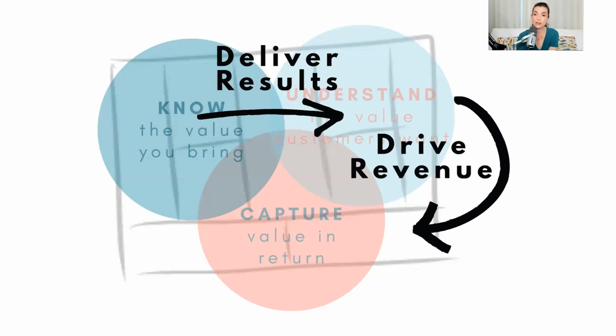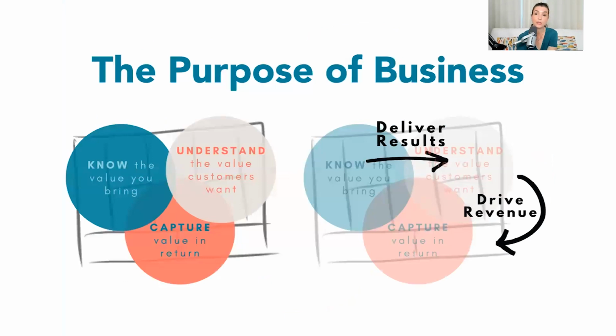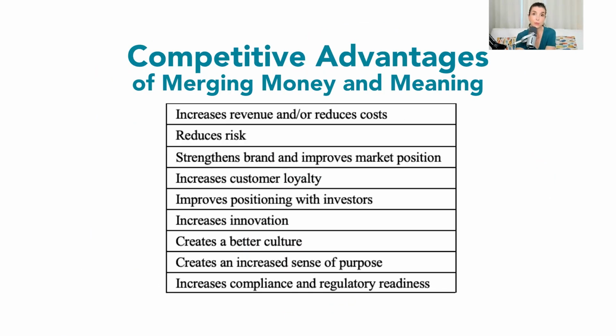And then the last area that we're going to look at in terms of how the Jasper Blueprint will help you navigate that challenge is around merging money and meaning.